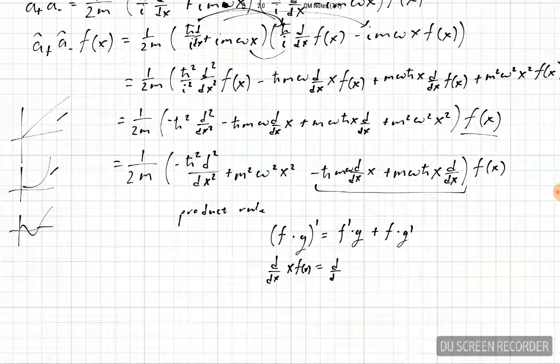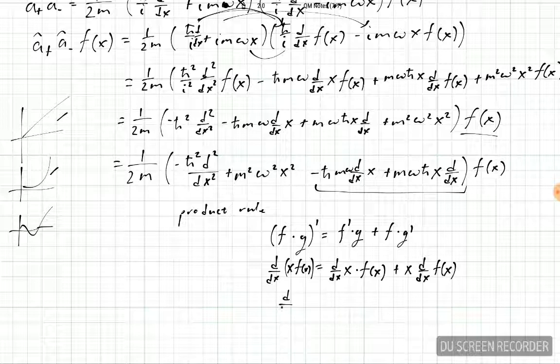So what I get is, put that in parentheses, d dx of x times f of x. So now my derivative is only operating on x, it is not operating on f of x. And then I have plus x multiplied by the derivative taken of f of x.